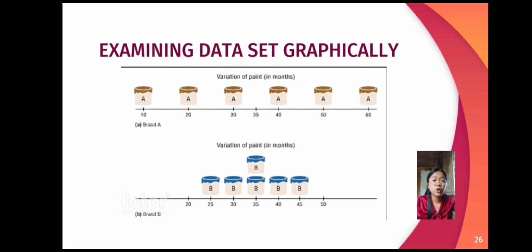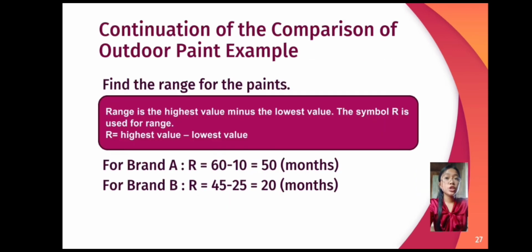For the spread or variability of a dataset, 3 measures are commonly used: range, variance, and standard deviation. The range is the simplest of the 3 measures and is defined as the highest value minus the lowest value. The symbol R is used for the range.